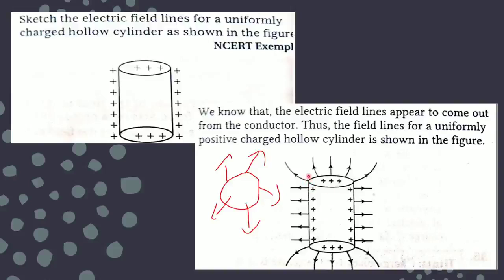But if you feel comfortable showing it on the outer way, then also it is correct. So both the ways you can show, that is not the issue. Whatever way you show, the meaning should be clear in your mind that it is always residing on the surface.